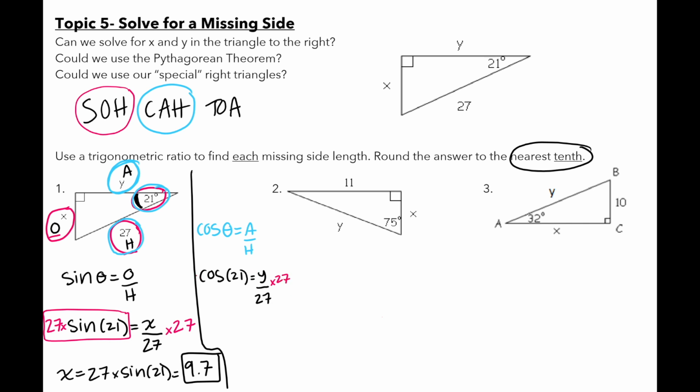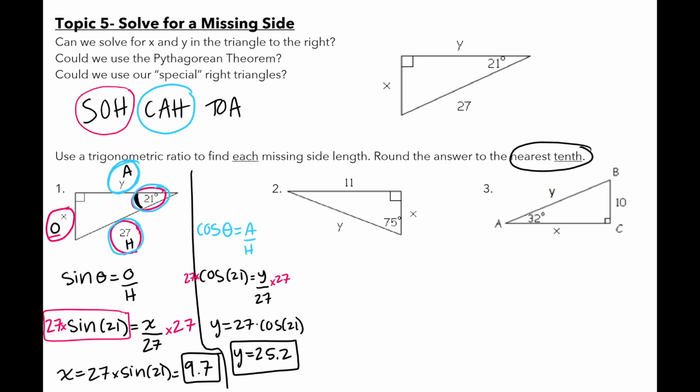Now I need to type in my calculator, 27 times cosine of 21. Okay, 27 times cosine of 21. And I got 25.2. And that is how you find missing sides.